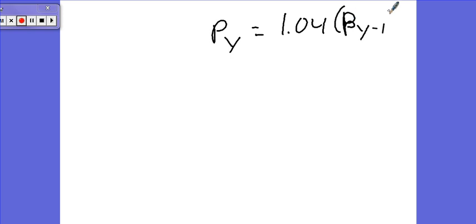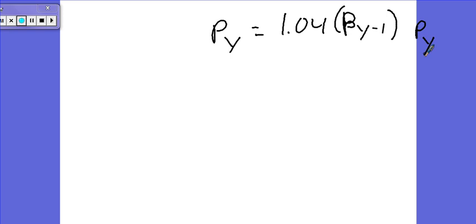Alright, so a final problem. A savings account grows according to the formula P equals 1.04. So here's your savings account. Where P_y, big P, little y, is the principal balance at the end of Y years.